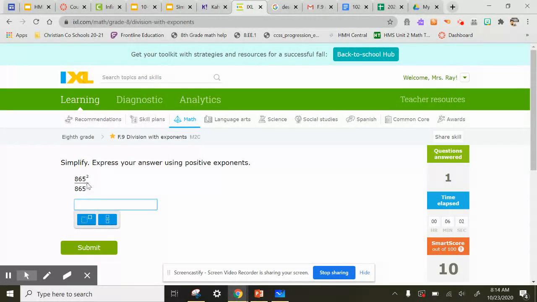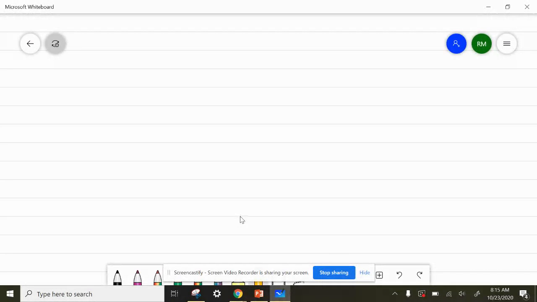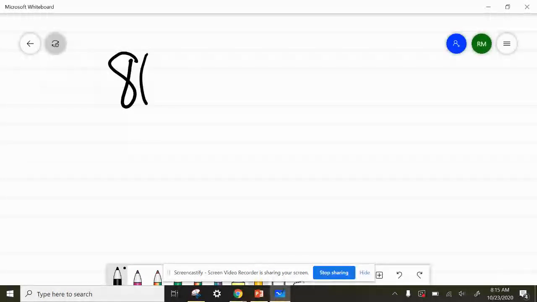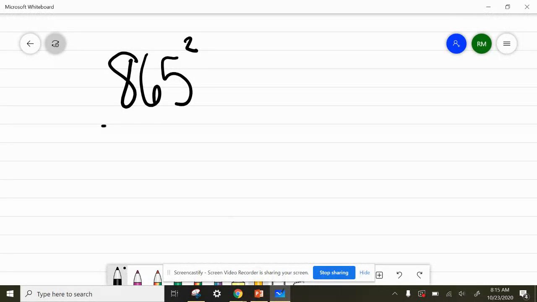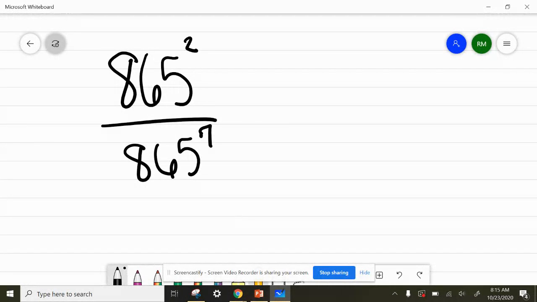Okay, the next one, if you notice, we have 865, but we have exponents of 2 and 7. So this is how you would do this one, 865 to the second power over 865 to the seventh power.